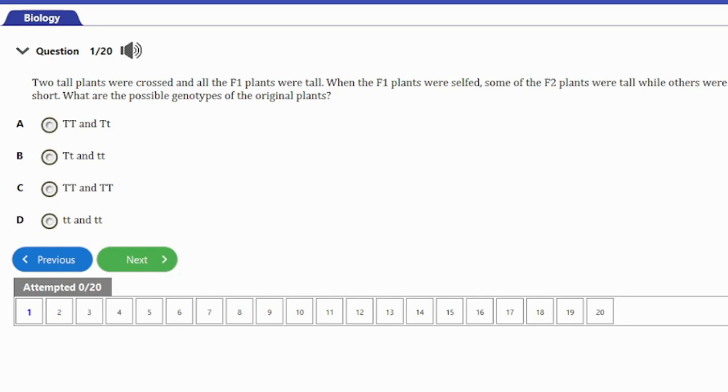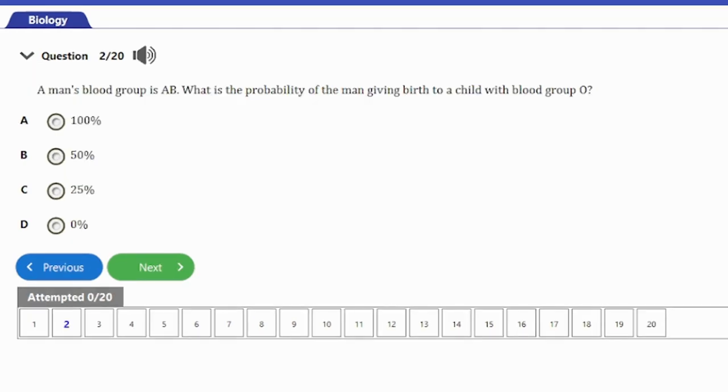And then if you cross the F1 generation again, when you self them, some of the plants will now become short, because some of the heterozygous tall plants, when they cross with the other heterozygous tall plants, will eventually yield a homozygous dwarf or short plant. So that's it for that question. Let's go ahead and check out the next question.